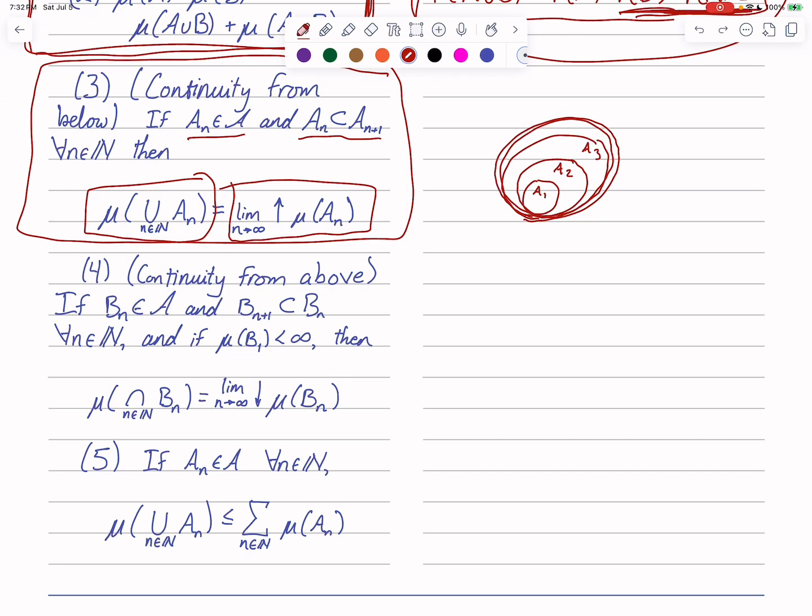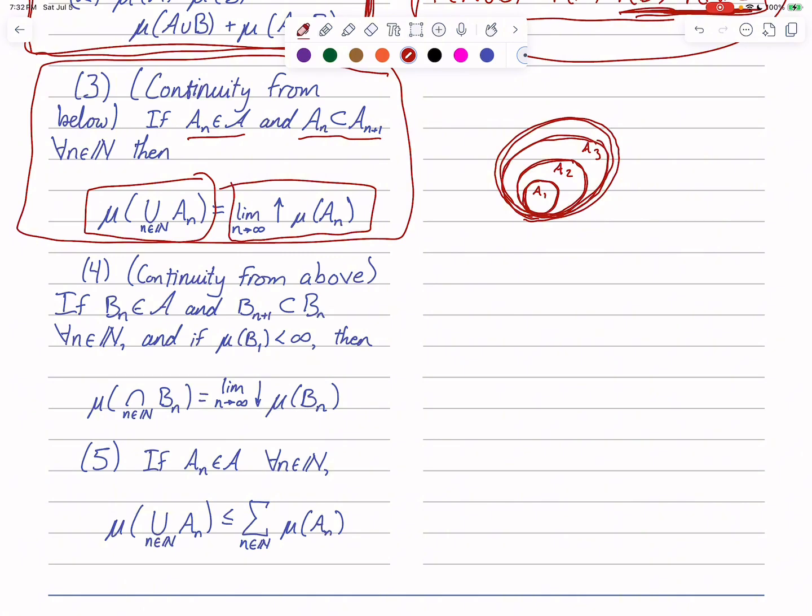Now, why is it called continuity from below? I think the from below part is relatively easy to understand because we are starting from a small set and getting a bigger set and a bigger set. And if this does in fact converge to something, then it seems to do so from small to big, so it's from below. So I think the from below part makes good sense.